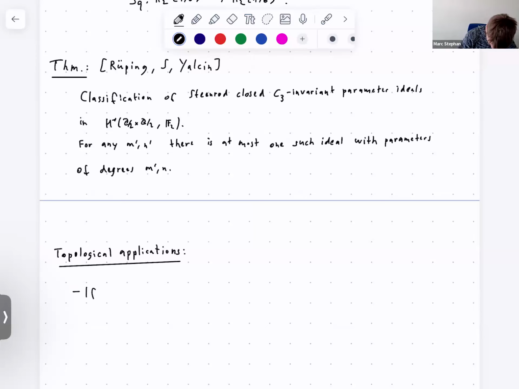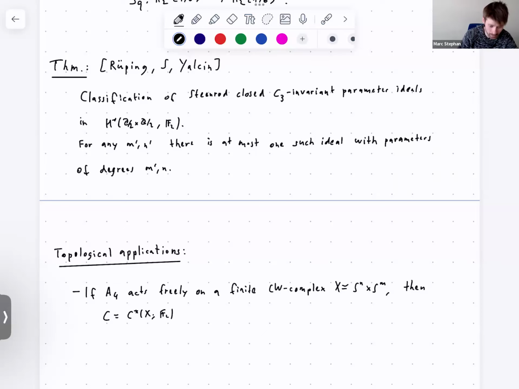Namely, if A4 acts freely on a finite CW complex, the homotopy type of a product of two spheres Sn cross Sm, then a cellular cochain complex up to quasi-isomorphism is determined just by the degrees.